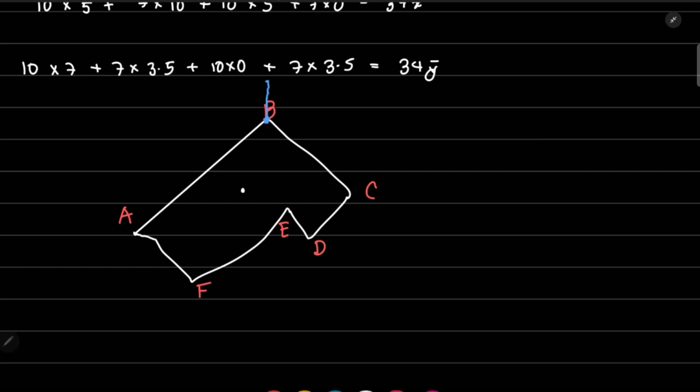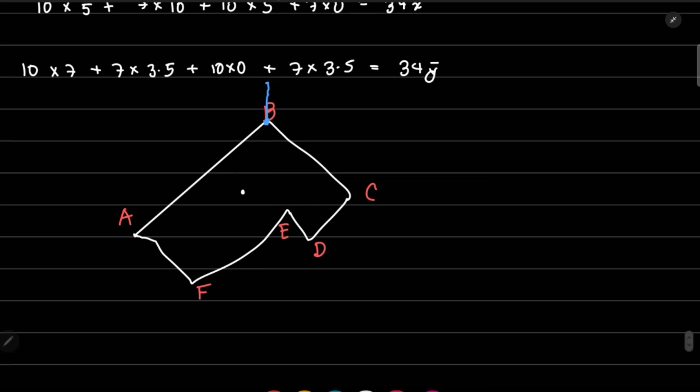Now if this happens, the shape will rotate in such a way that the center of gravity lines up with B. So the shape will rotate something like this.